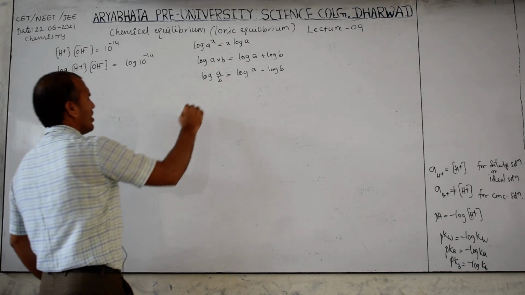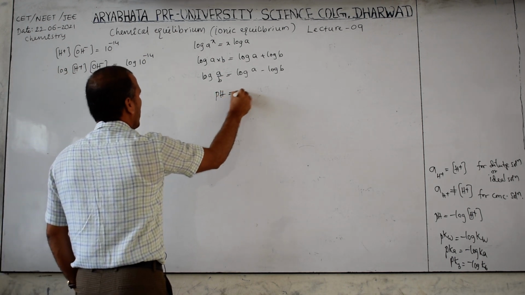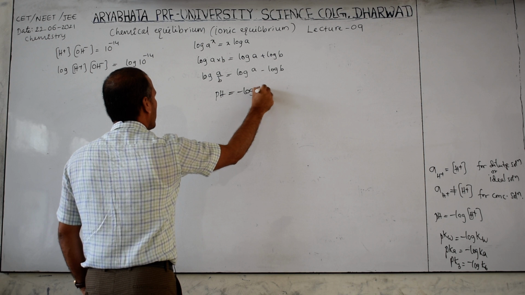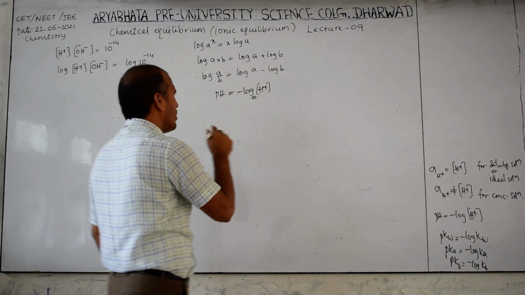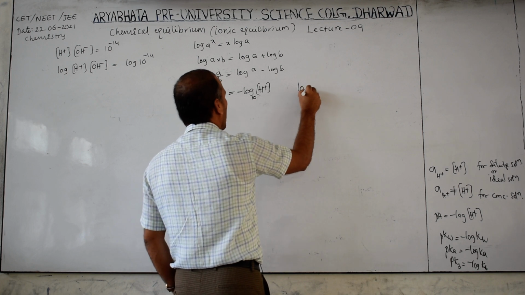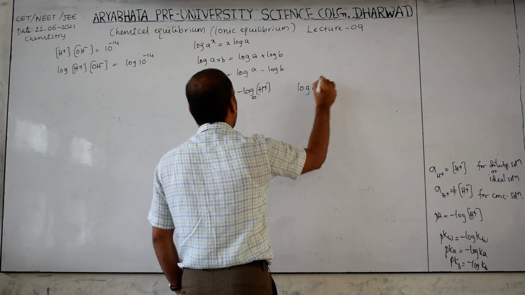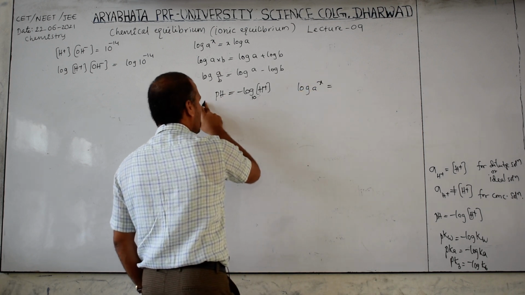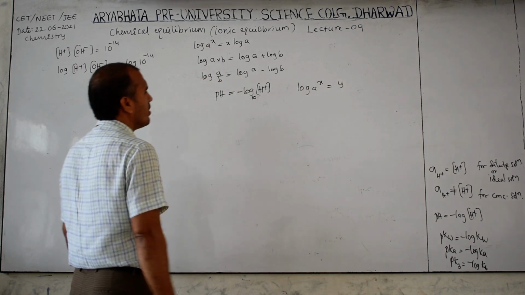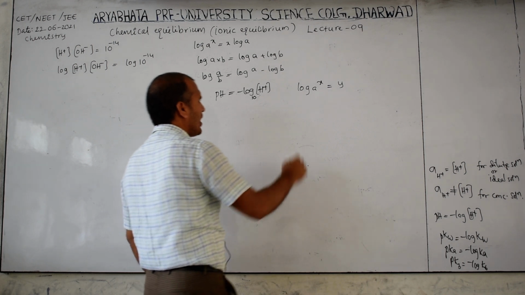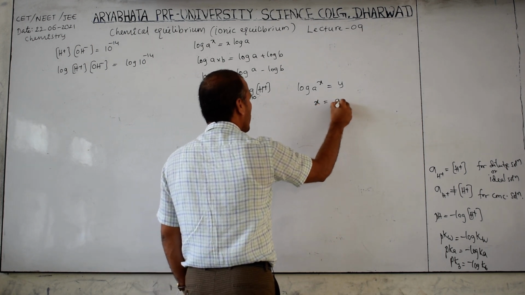Now pH. pH is equal to negative logarithm of H plus ion concentration, which is base 10. Here, if log A power x is equal to y, this can be represented as x is equal to A power y.